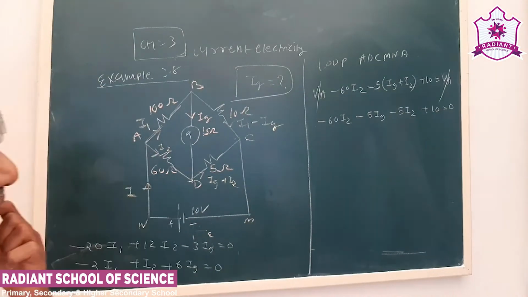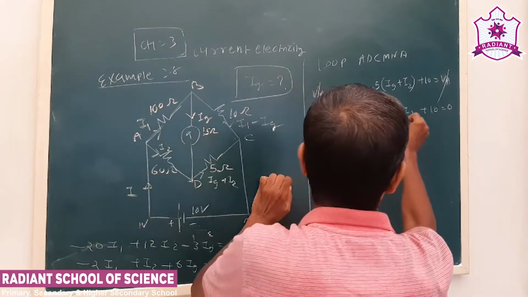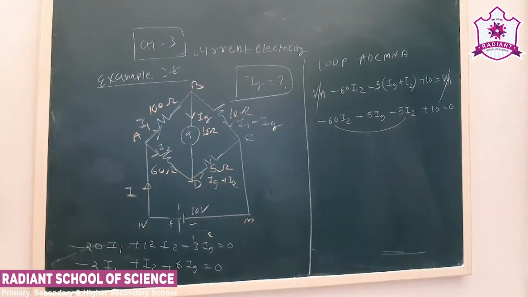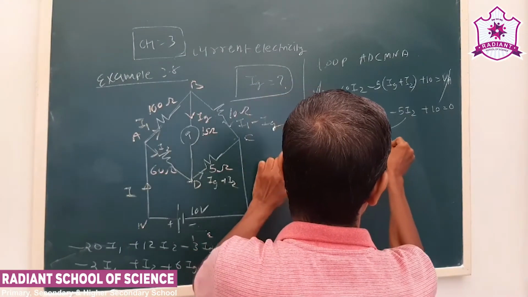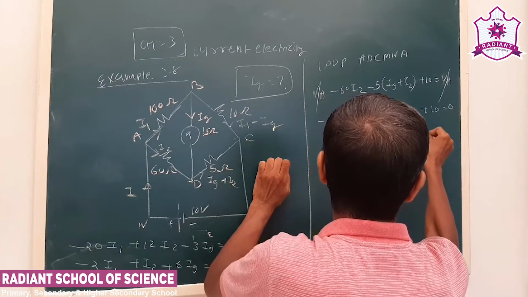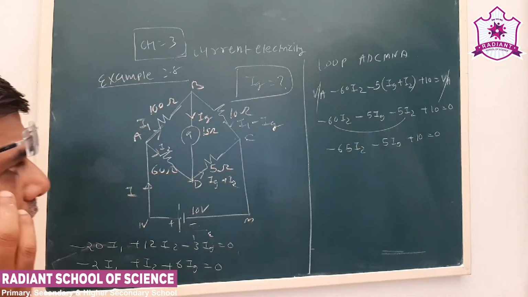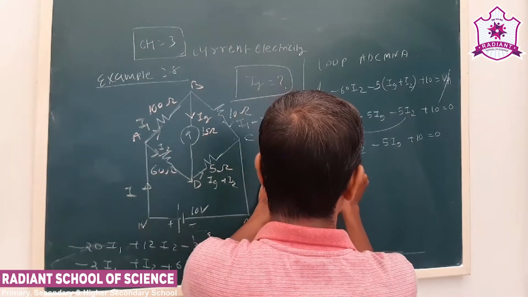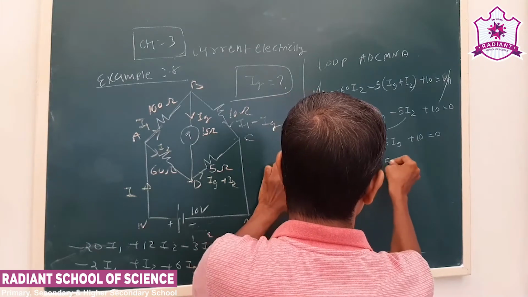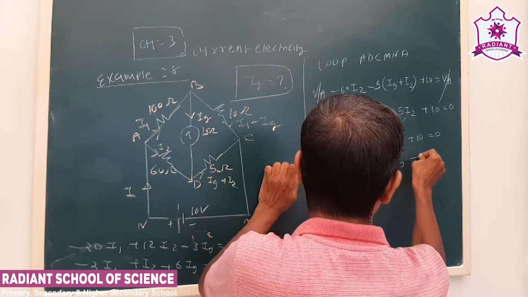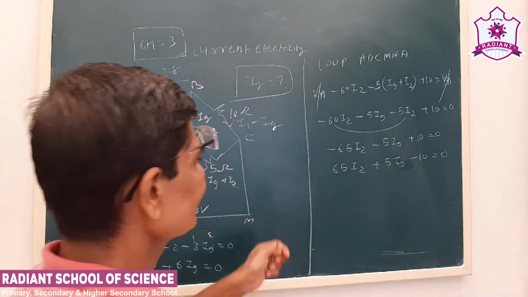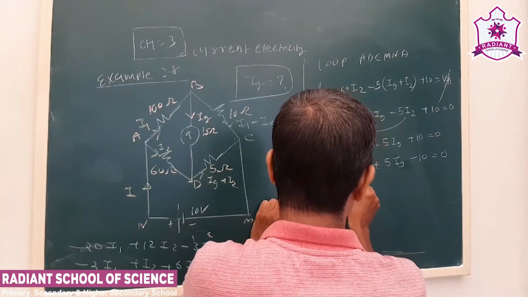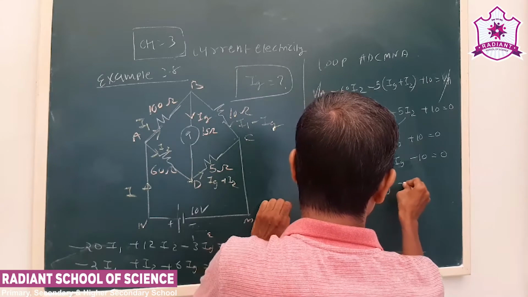These are the two terms with the current I2, minus 65 I2 minus 5 Ig plus 10 is 0. So this will be 65 I2 plus 5 Ig minus 10 is 0. These are all multiples of 5, so 13 I2 plus Ig is equal to 2.